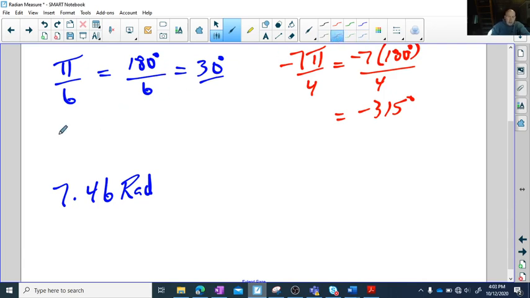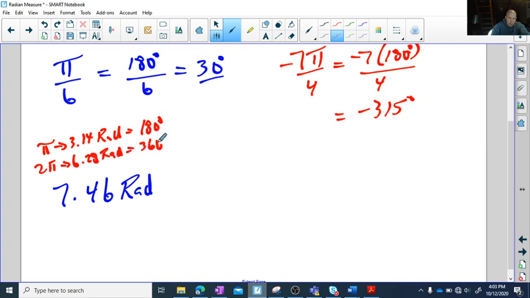I want you to realize that pi, which we know is 3.14 radians, is equal to 180 degrees. 2 pi, so double that, is 6.28 roughly radians, and that is a full circle, right? Because pi was only 180 degrees, which is half. 2 pi, double that, is 360. So if I'm looking at this, 7.46, I should be getting a number that's more than 360. So hopefully that's what will happen.